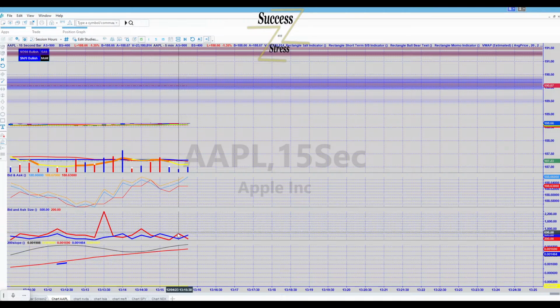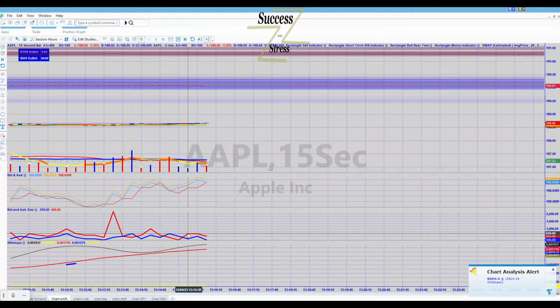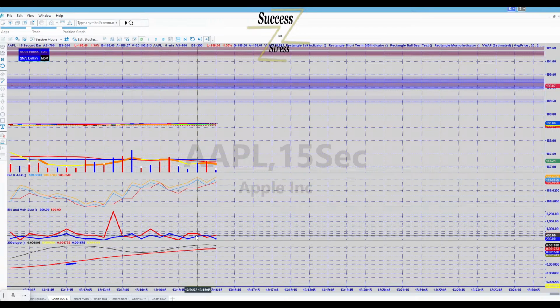But either way, if that 40,000 limit order gets eaten up and goes away, and now it's back to 700 shares on the bid book, then when this closes, it's going to read 700 shares for the bids. It's not going to read that 40,000.